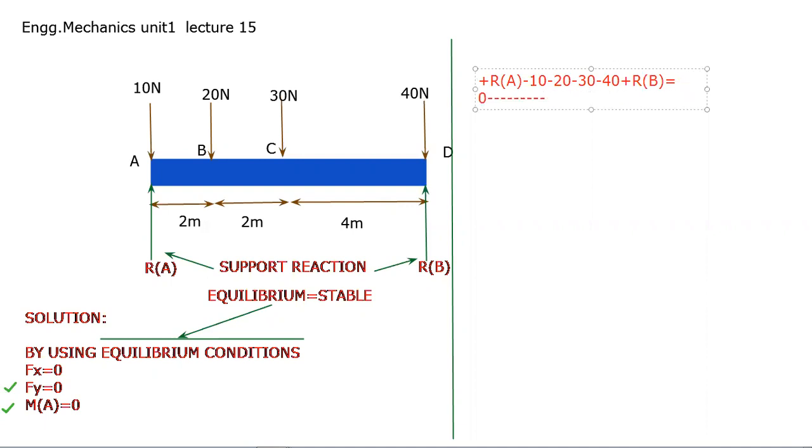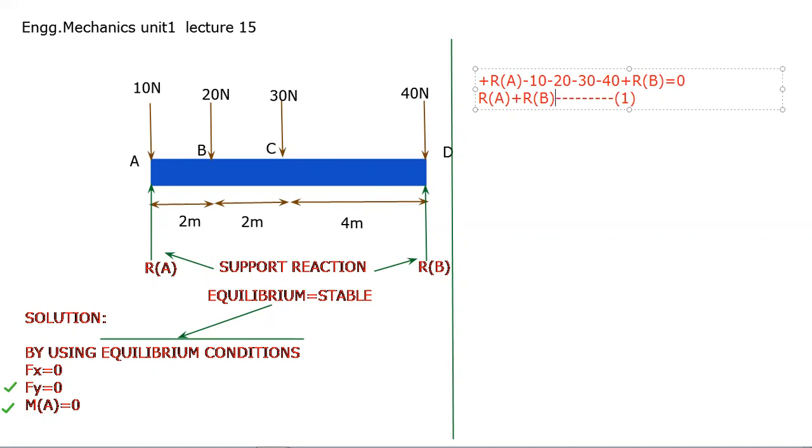So this will be our equation number 1. You can also simplify this equation: Ra plus Rb is equal to 20 plus 10 plus 30 plus 40.